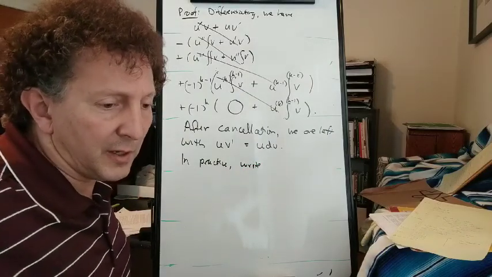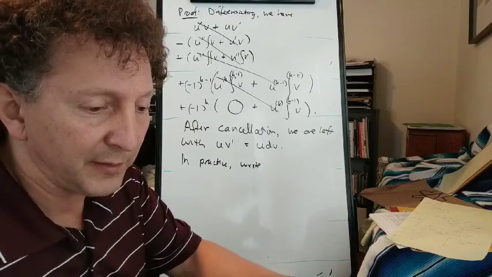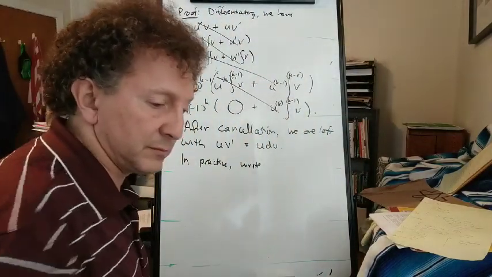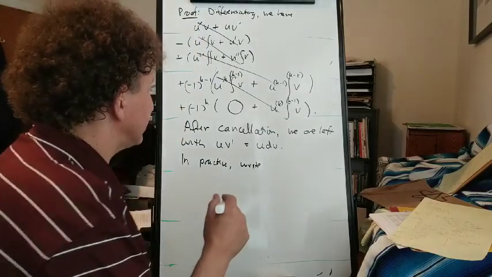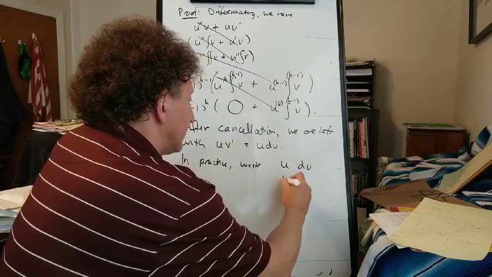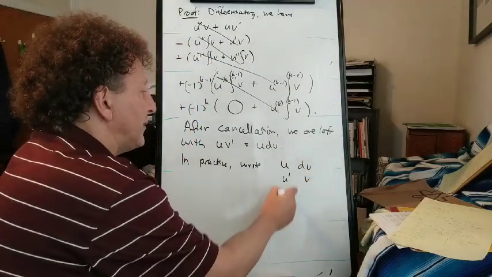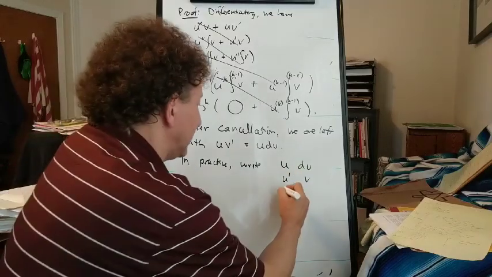If we have a u column and a v column, we keep taking derivatives of u and keep taking integrals of v.